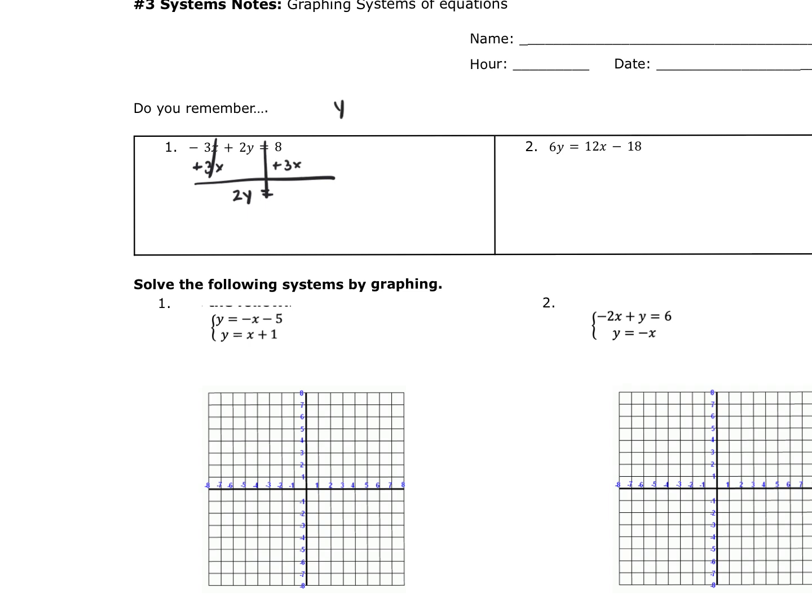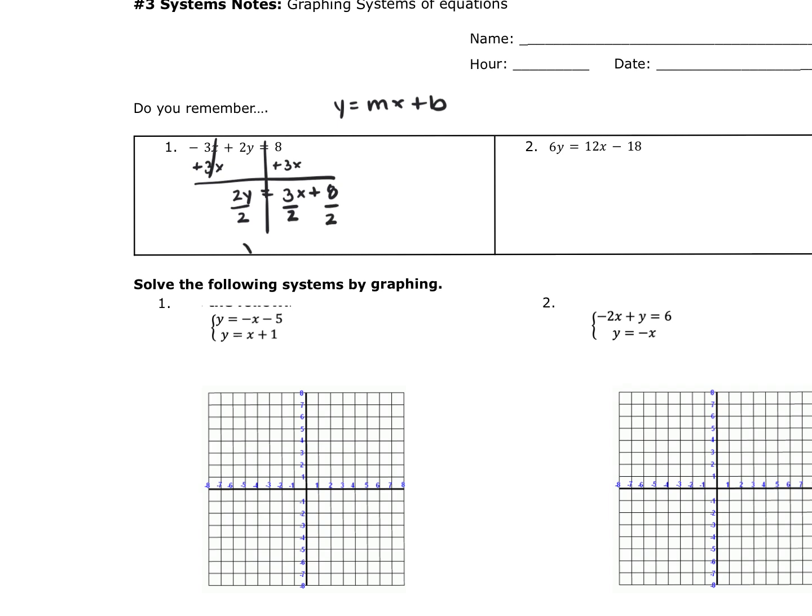When you think of y equals mx plus b, the x comes first, so I'm going to say 3x plus 8. Okay, and now that I keep going, my y is still not by itself because it's saying 2 times y. So the opposite of multiplying by 2 is dividing by 2. So if I divide that by 2, I'm going to divide this by 2, and I'm also going to divide this by 2.